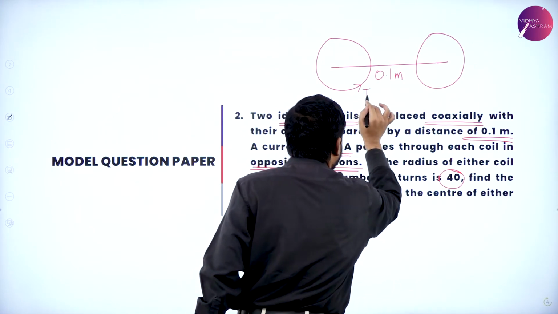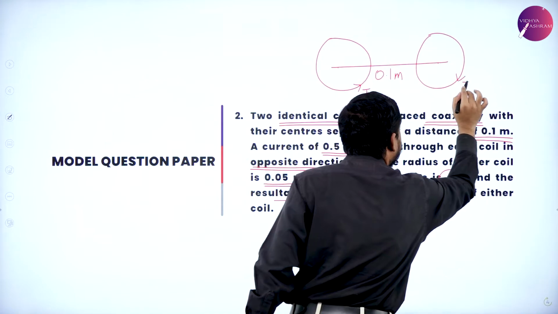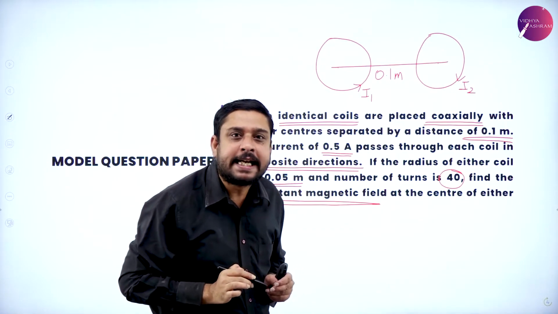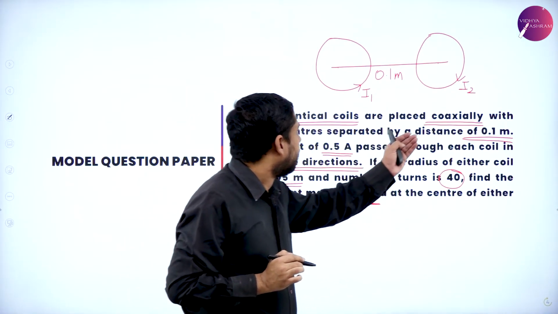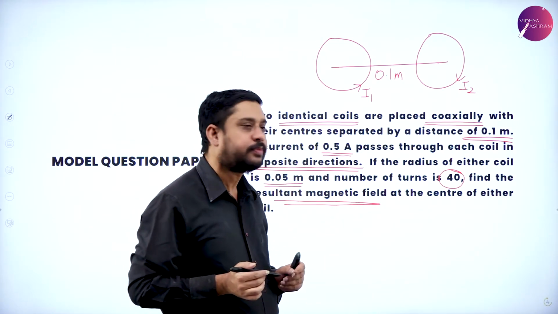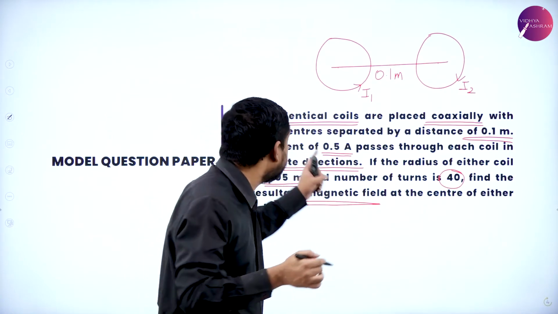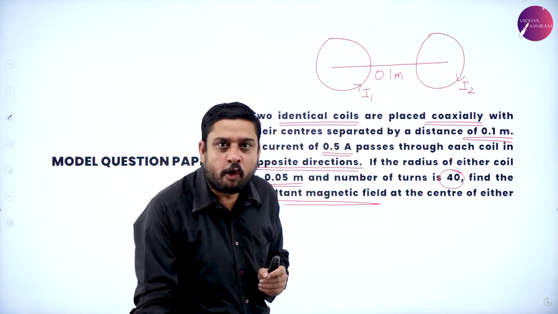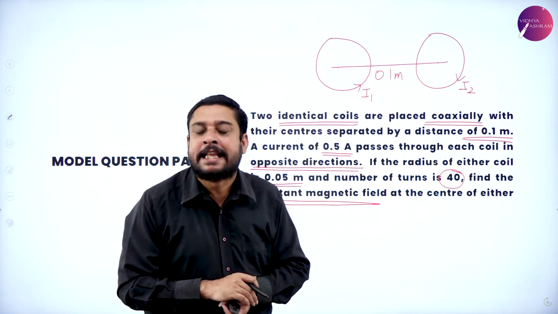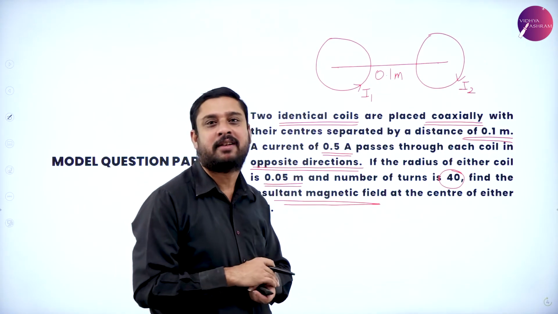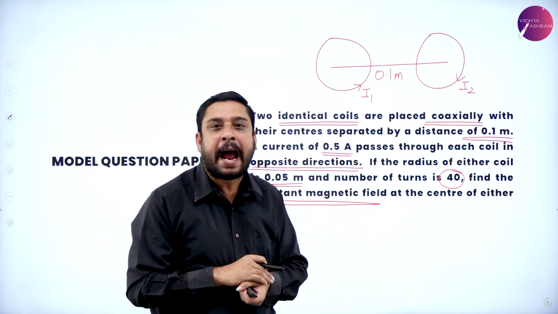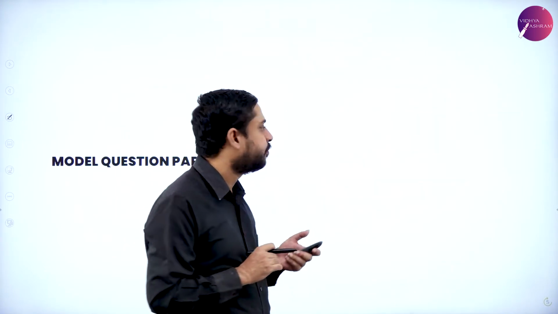So this is I1, I assume this is I2. Current flows in opposite direction. 0.5 ampere is the magnitude of the current. Radius of each coil is 0.05 meter and number of turns is 40. There are 40 turns in each coil. I have to calculate resultant magnetic field at the center.